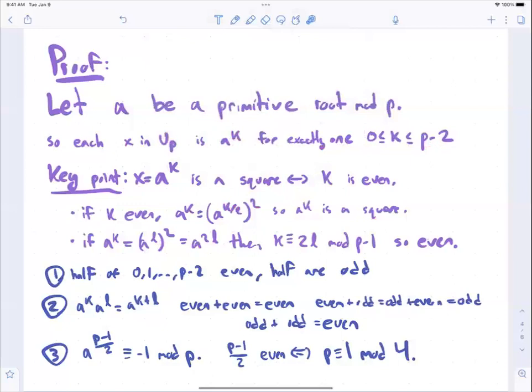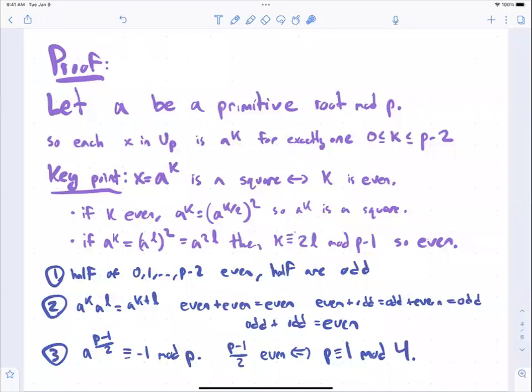But what we get here, from the definition of primitive root, is that if a to the k is equal to a to the 2l, then k has to be congruent to 2l mod p minus 1.